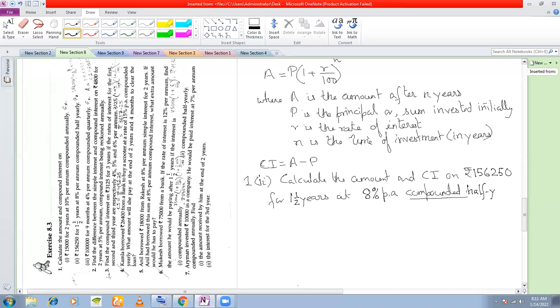This is 1 part 2. See this phrase, half yearly? In the previous problem we had compounded annually.